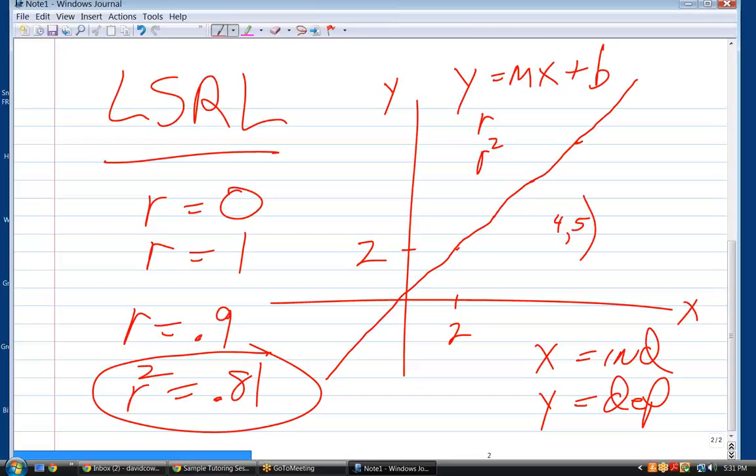I'm not sure I know how to do it manually. You basically take the distance from the line and square all of these and then add them all up. And that has something to do with calculating it. But nobody does it by hand. They all do it in the calculator. So that would be the only problem, if they gave you a table of x and y values like this.